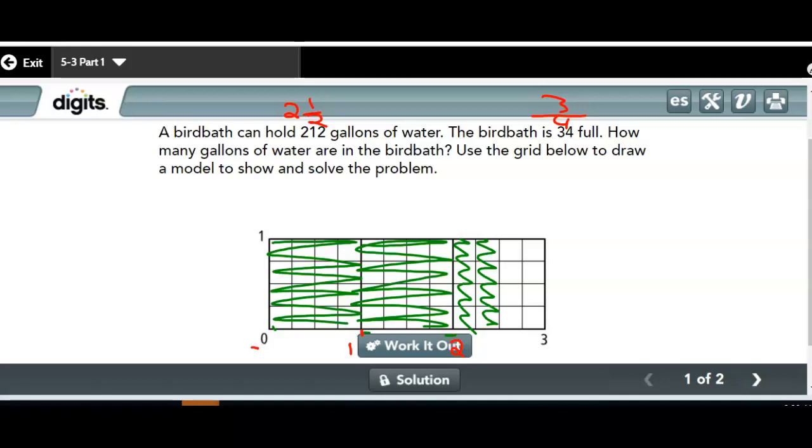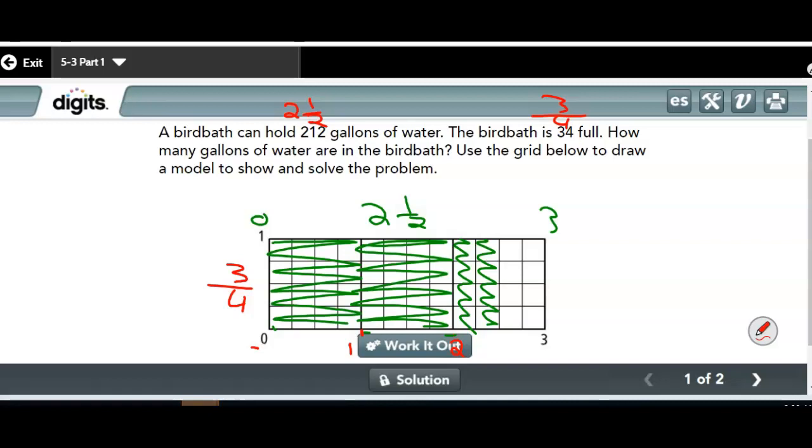If you notice, this right here represents 2.5. This is from 0 to 3. Right here, this is representing from 0 to 1. This whole thing is 1 whole. So now this side is 3/4.